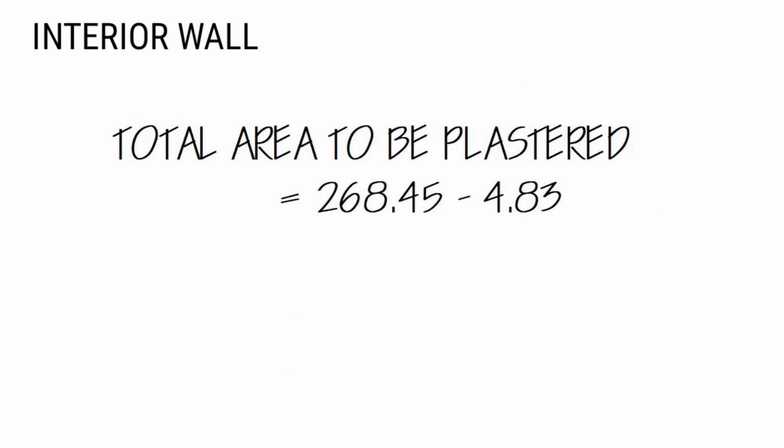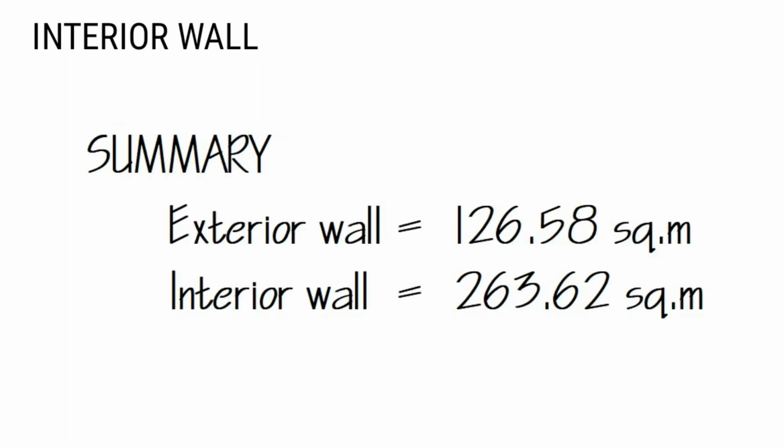So, yung total area, so 268.45 minus 4.83, and that is equal to 263.62 square meters. So, in summary, meron tayong exterior wall na 126.58 square meters at interior wall na 263.62 square meters.